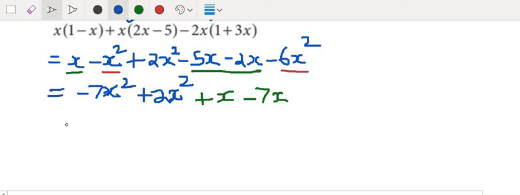The final answer will be, we can subtract these two terms, x square terms, we will get minus 5x square, and 1 minus 7 is minus 6, so we'll get minus 6x. That's the answer.